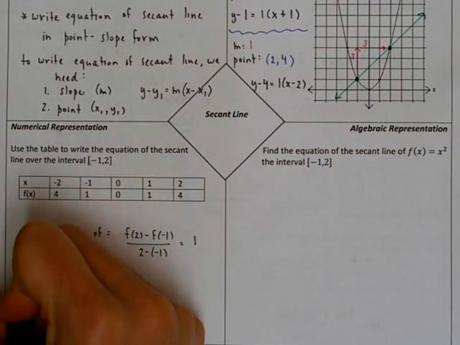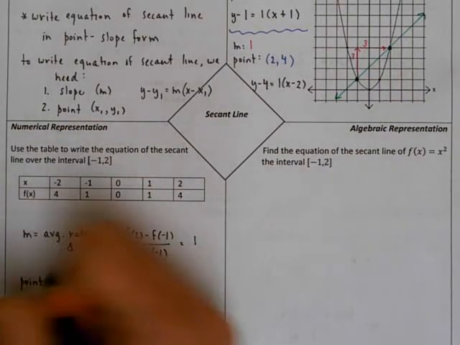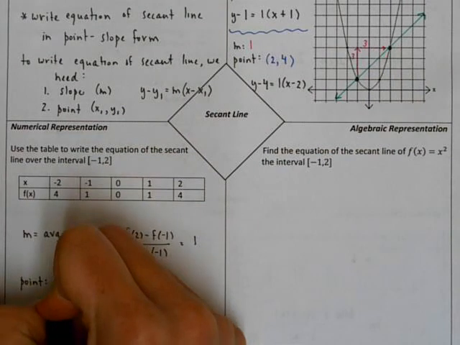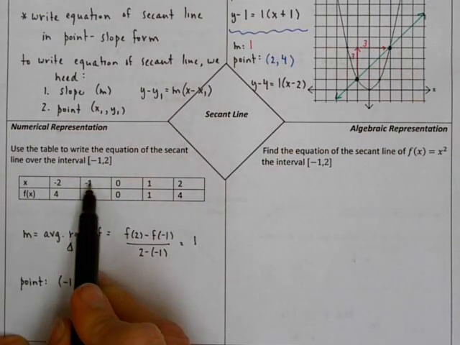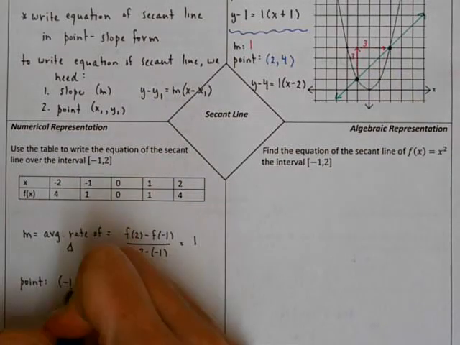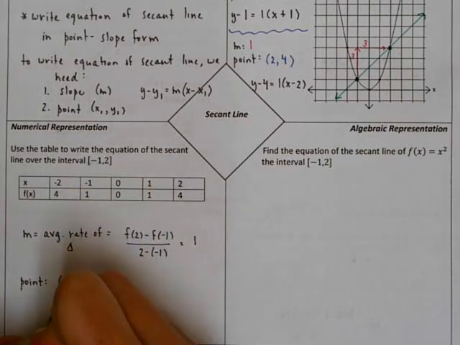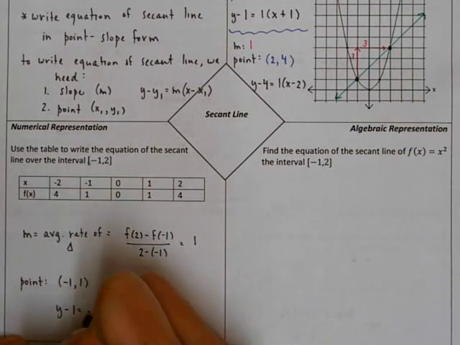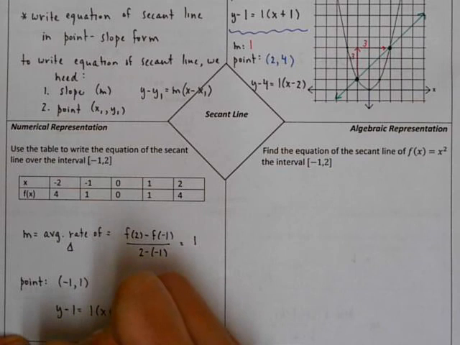Again, to get my point, I have two choices here. If I take my x-coordinate, negative 1, I know that when x is negative 1, my y value is 1, and then I could write my equation y minus 1 equals 1 times x plus 1.